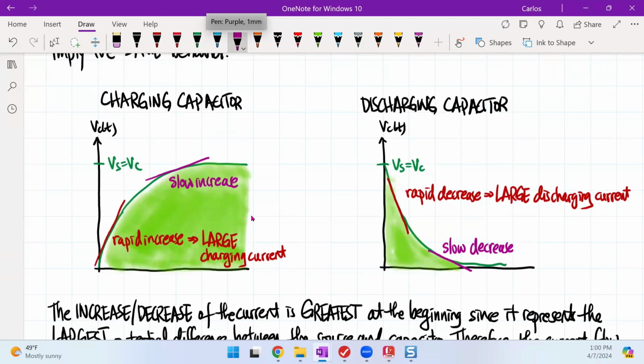That tells us that we have a small charging current. And here, this tells us that this is a small discharging current.